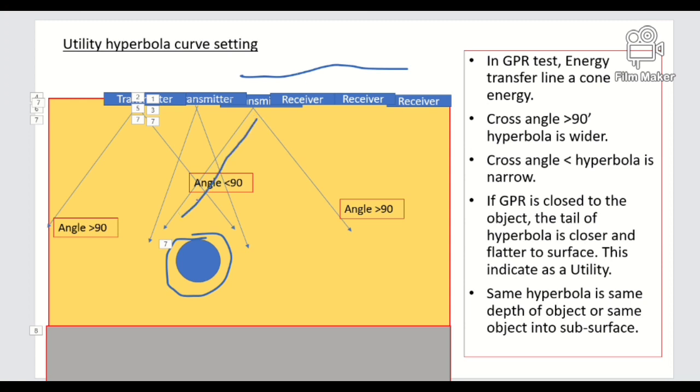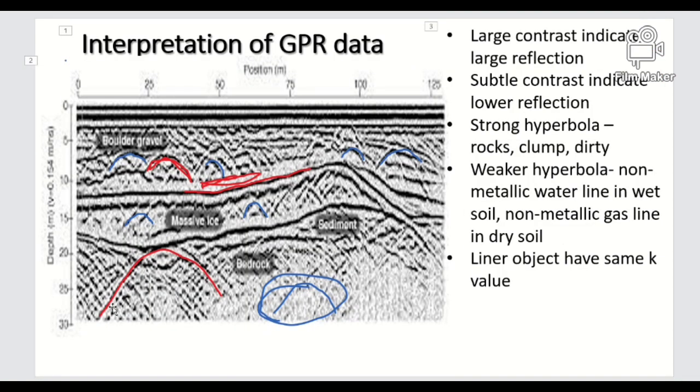When it is far from the object and the angle of the cone is greater than 90 degrees, the hyperbola will be wider.